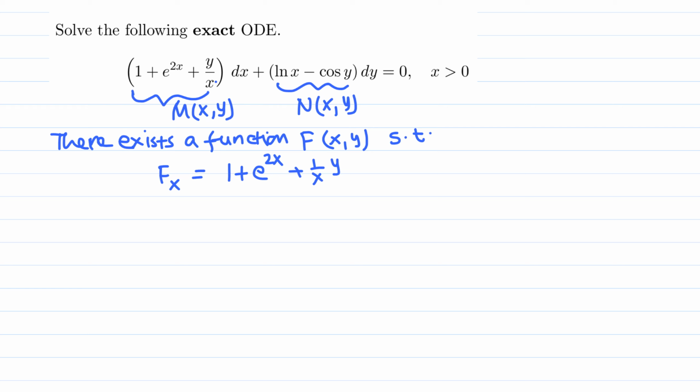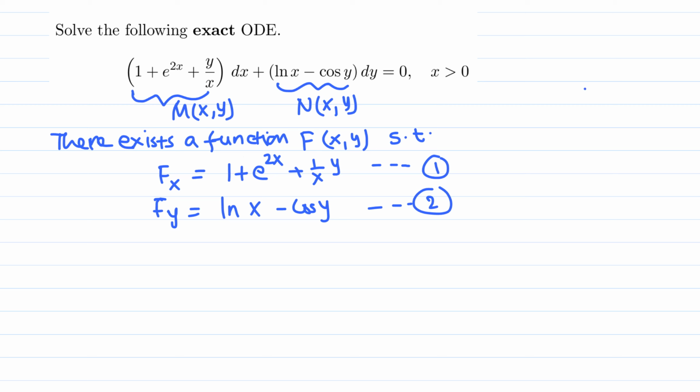Let me put it this way: y over x is 1 over xy. I'm going to call this equation 1, and the partial of F with respect to y will be N, which is the natural log of x minus cosine y. This happens when the ODE is exact. Then we can find a function with these two properties.